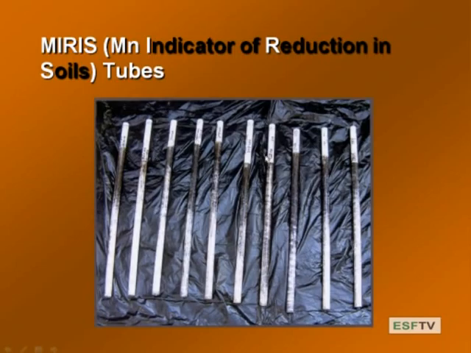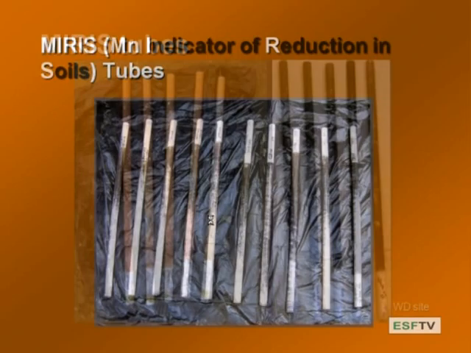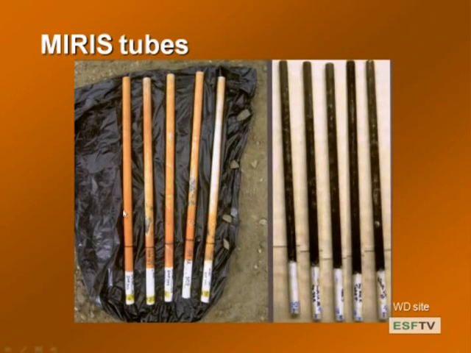These were in the field for 4 days and taken out, and all this paint scraped off by reduction. And here they are together. Here are the IRIS tubes and the MIRIS tubes. And you can see this peeling off and reduction. So that's another way to visually assess reduction.